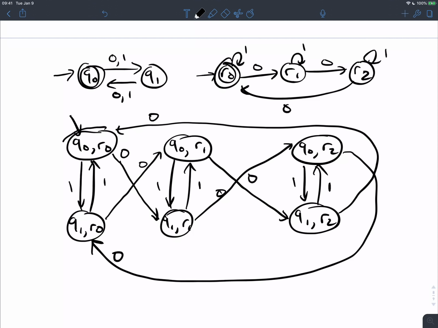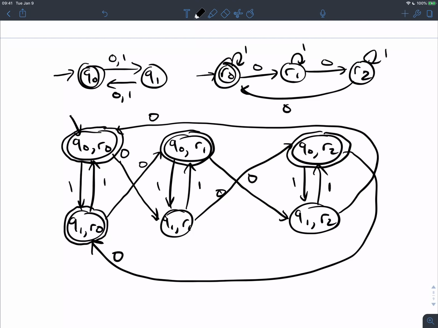So the entire first row is all final. I should have done them in a different color. Okay, are those all the possibilities for final states? Anything with R0, but we've already handled the Q0 one, so the only other one is this one. So in fact, this is what we have.